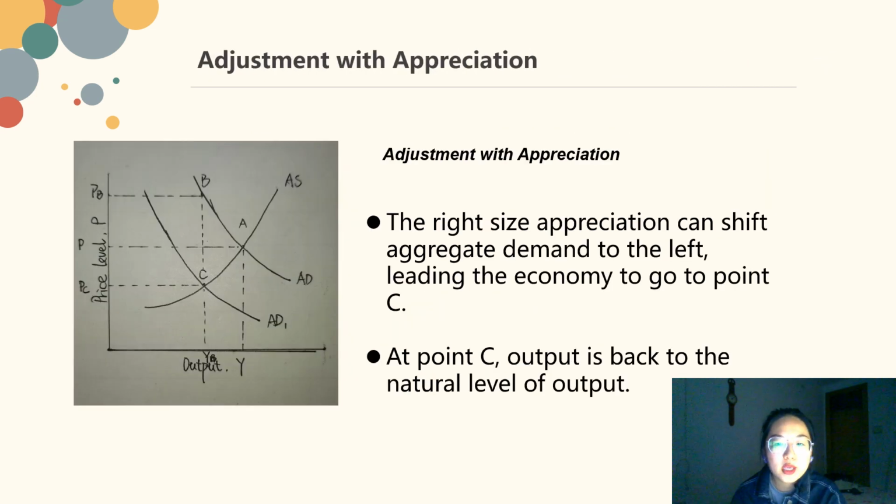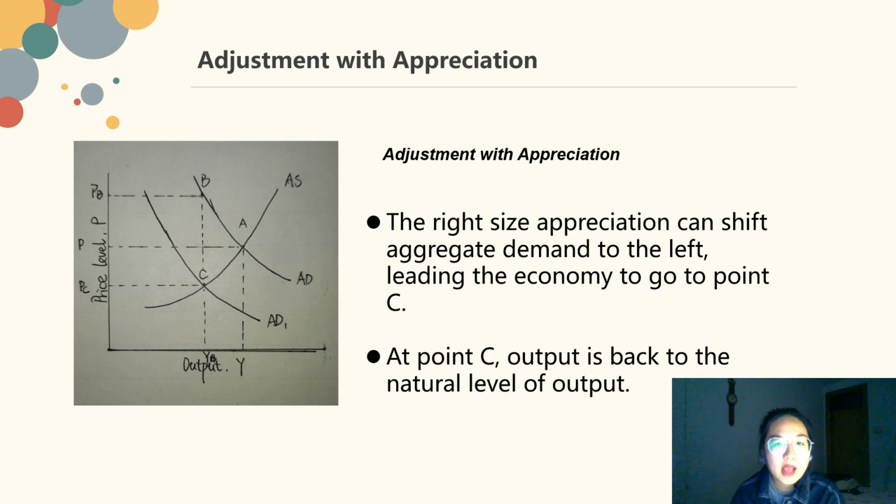The second way the economy returns to the natural level of output is adjustment with appreciation. In this graph, we can see point A and point C. Point A is on the aggregate demand curve, and point C is on aggregate demand curve 1.